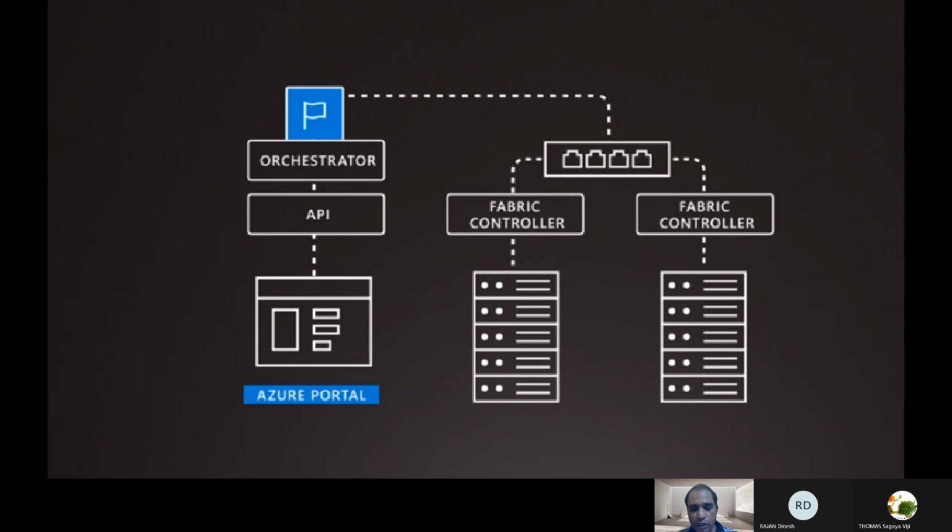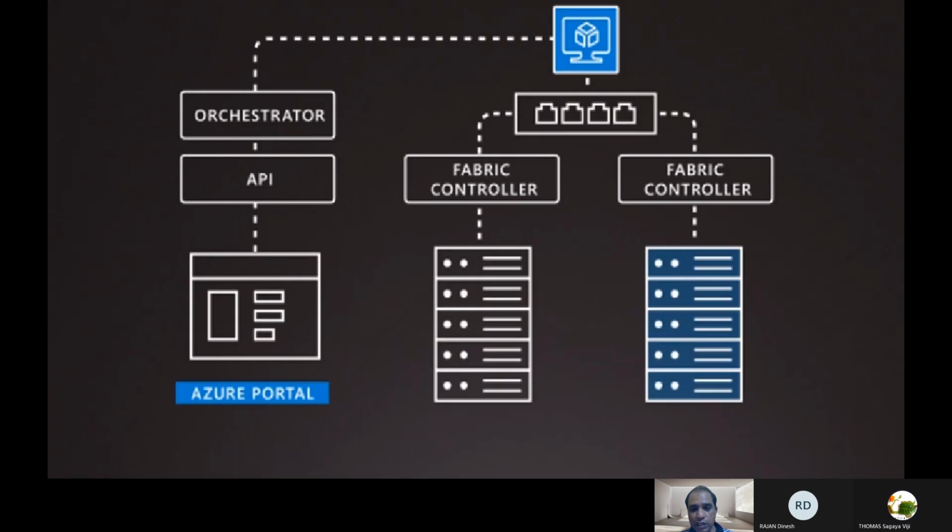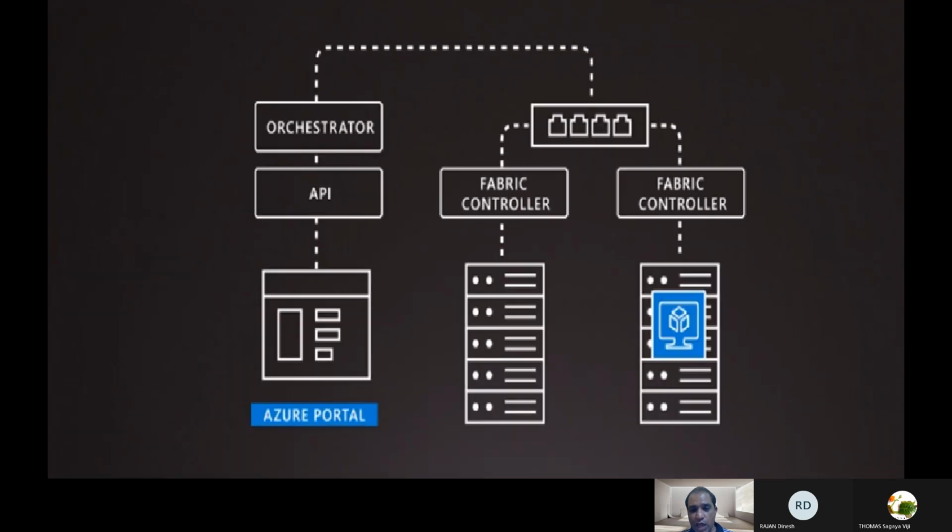The user has input their requirements through web tools. That requirement goes into the portal in the form of an API, and the orchestrator sends the particular configuration. Which rack is available is the job of the fabric controller to decide, and then it picks the rack and sends the request to that physical server.